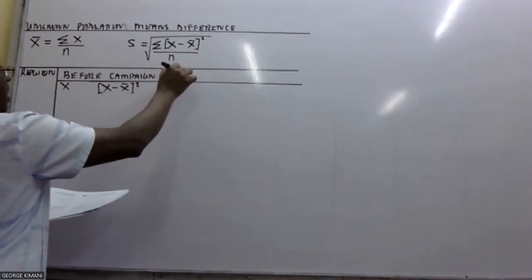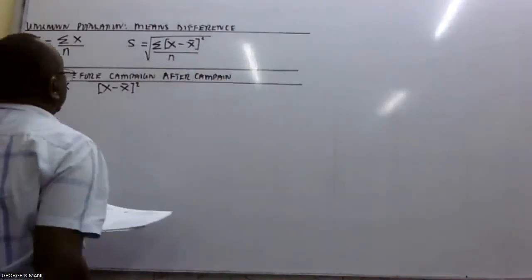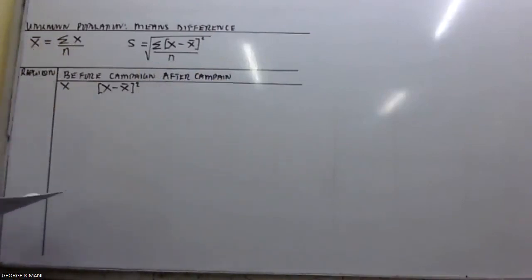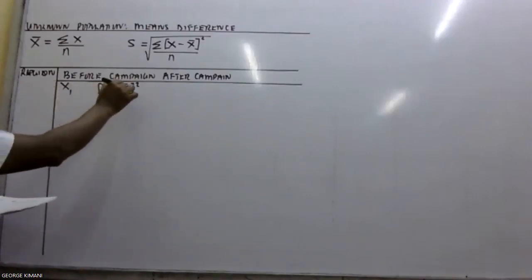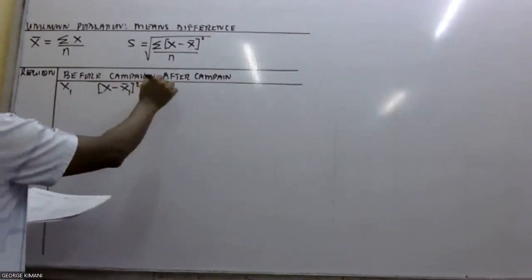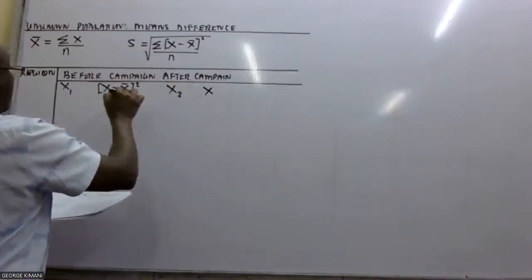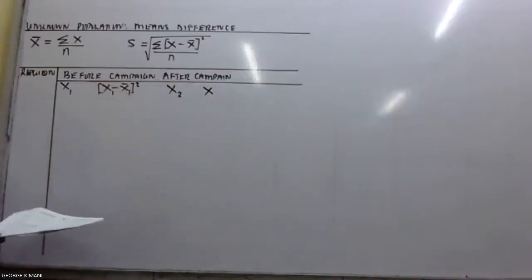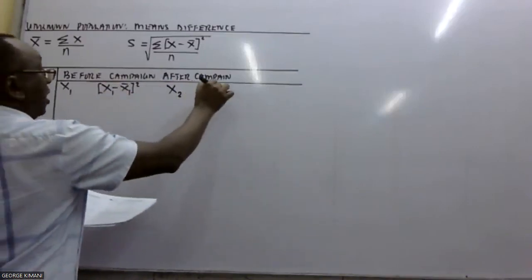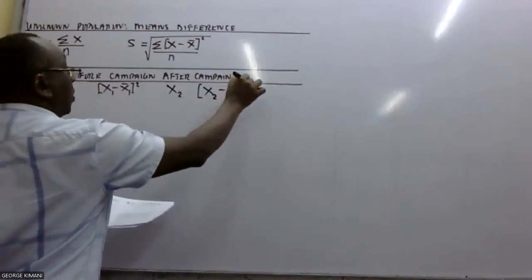Then after campaign, maybe this one we can call x1, and this one x bar 1, because those are the values we shall take to the table. Then here we have x2, and x2 minus x bar 2 squared.